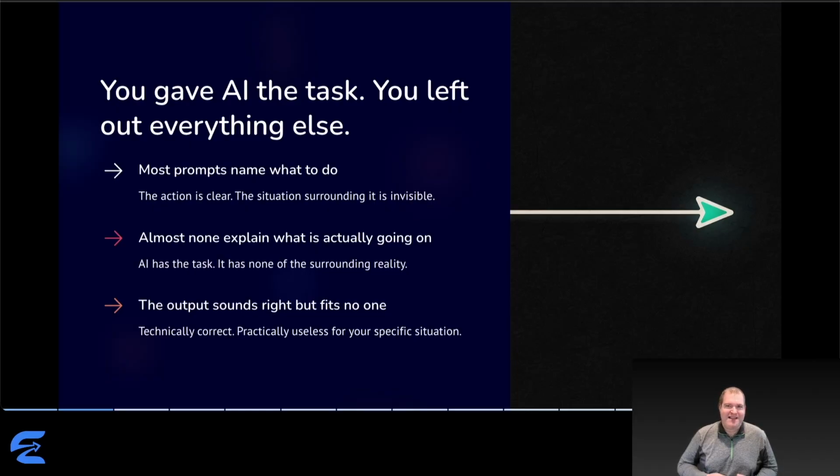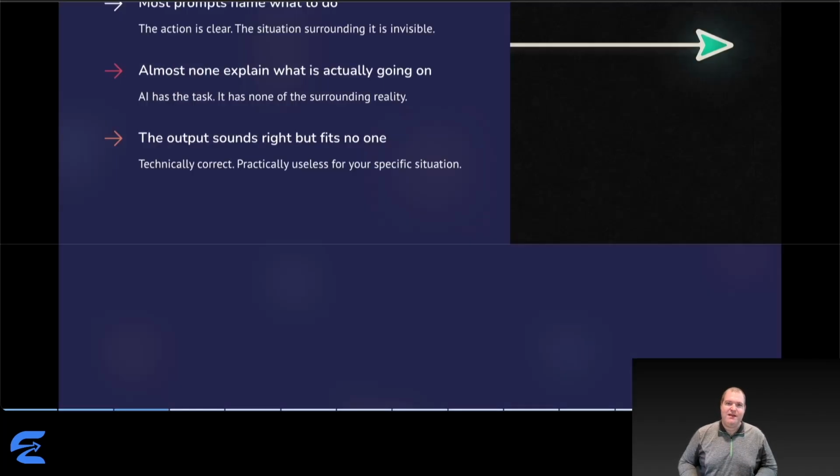None of that is in the prompt. And when something is missing, the model fills the gap on its own, using the most statistically common version of what you ask for. The output looks reasonable, it sounds professional, but it fits no one in particular, which means it isn't calibrated to you.